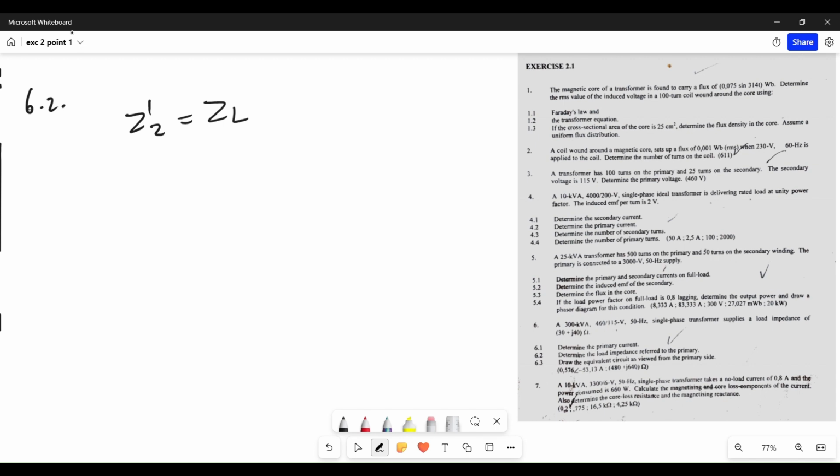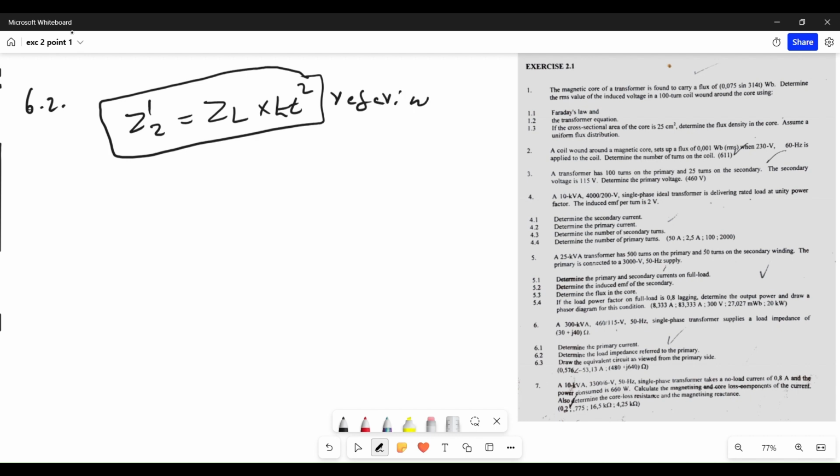So Z load is the one that is still in the secondary before being transformed, times kt squared. Referring secondary to primary.